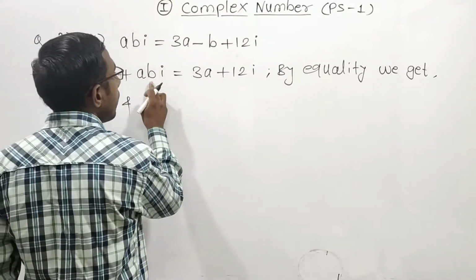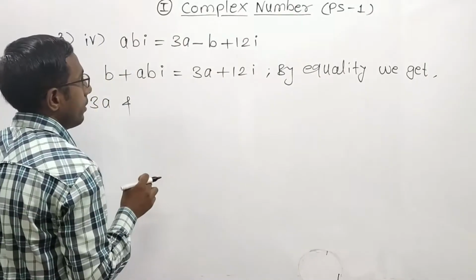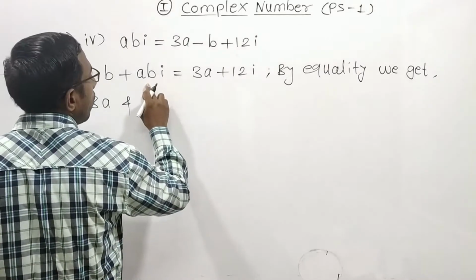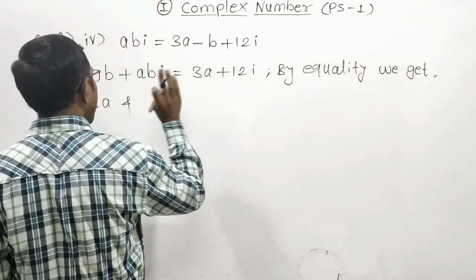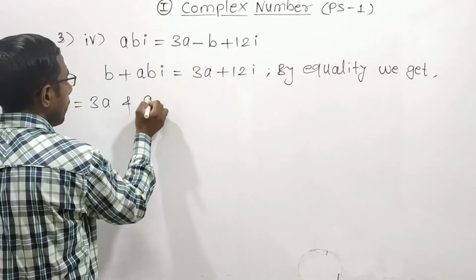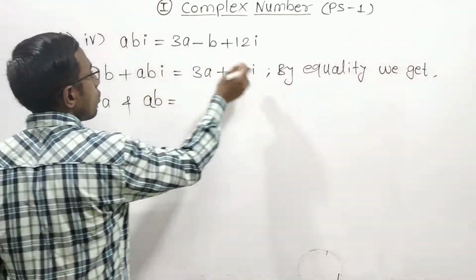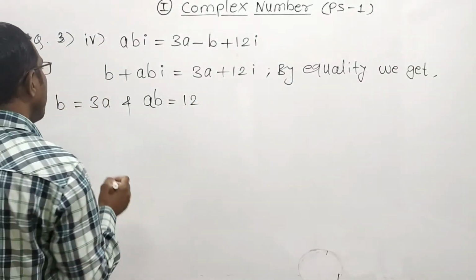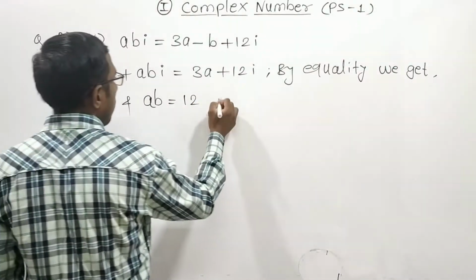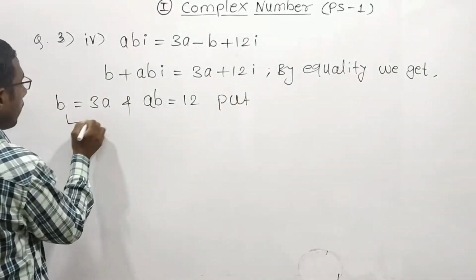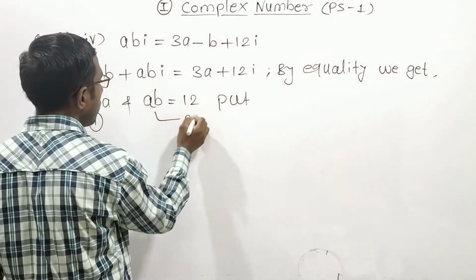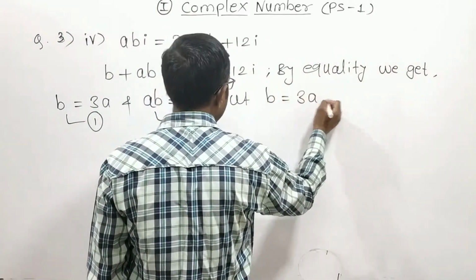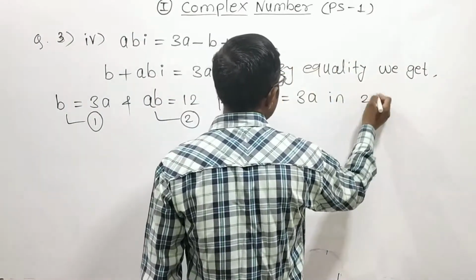Next, imaginary part on the left side, ab is equals to, imaginary part on the right side is equals to 12. Let it be equation number 1, let it be equation number 2. Now put b is equals to 3a in equation number 2.